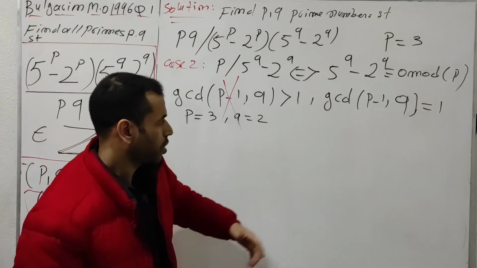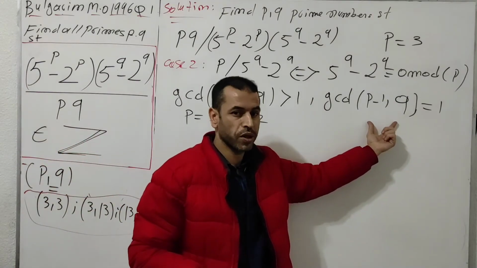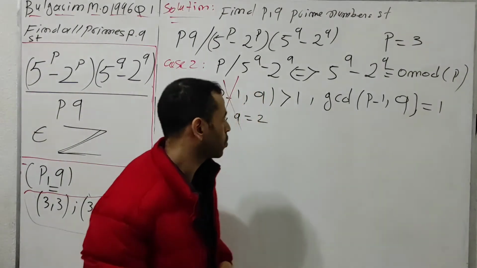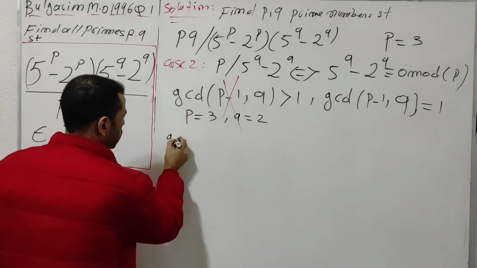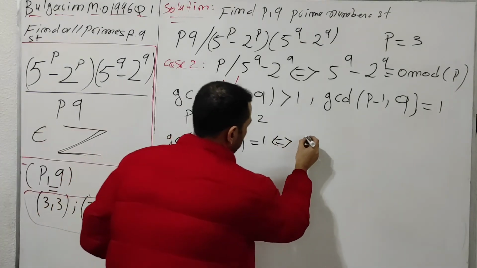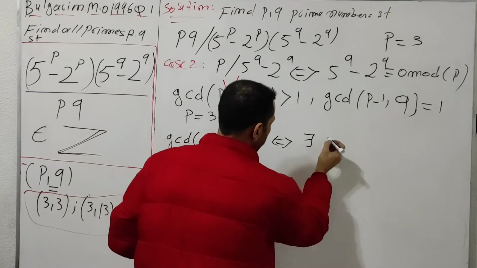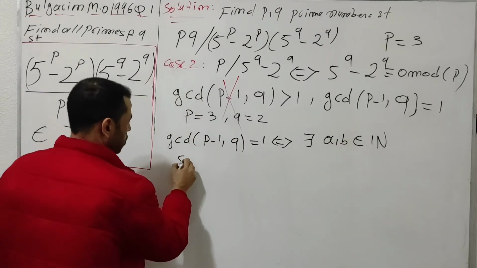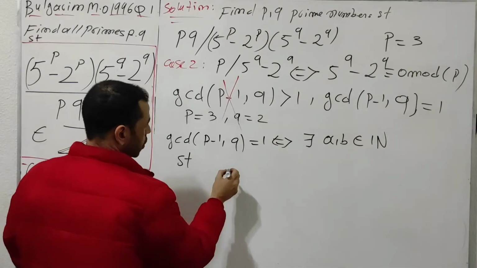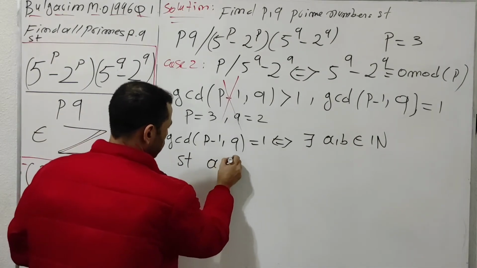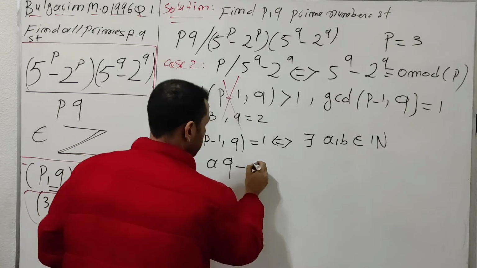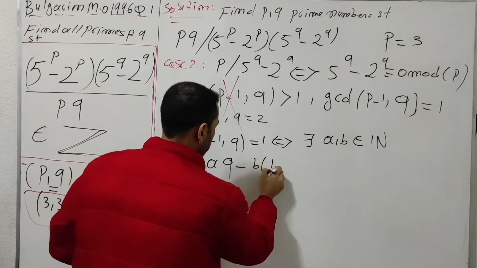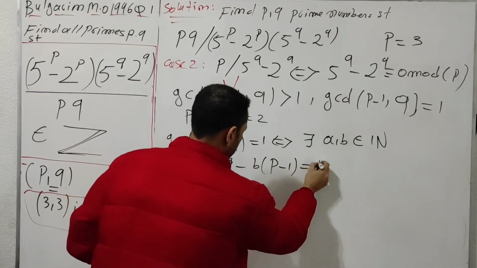In this case, we are going to use a linear combination of these two terms. So there are some natural numbers a and b such that a multiplied by q minus b multiplied by (p minus 1) equals 1.